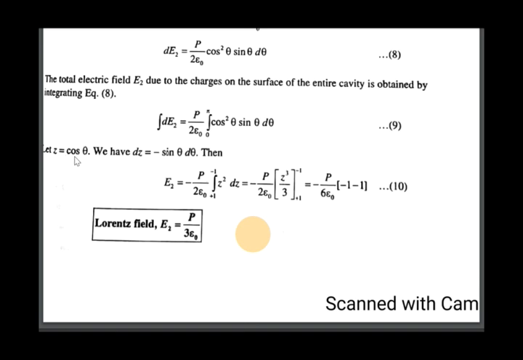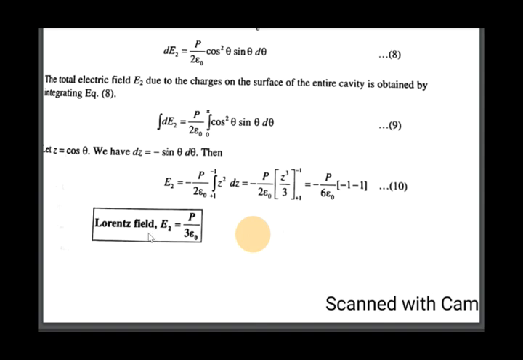The total electric field E2 due to the charges on the surface of the entire cavity is obtained by integrating this equation 8. So E2 is equal to P by 2 epsilon naught into the integral from 0 to pi of cos square theta sin theta d theta. Let z is equal to cos theta.